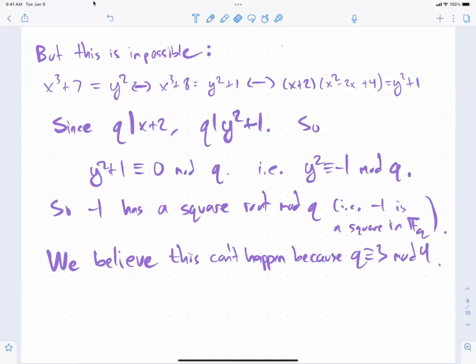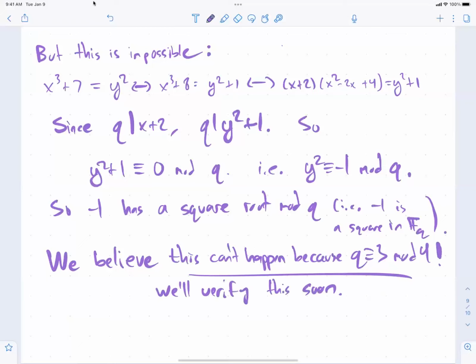This is supposed to be an exclamation point. We don't think this can happen. So we'll verify this in a few weeks, and that finishes the proof that there are no solutions.